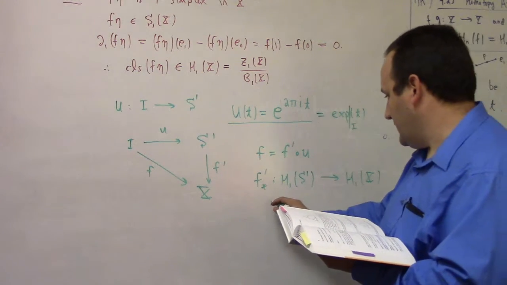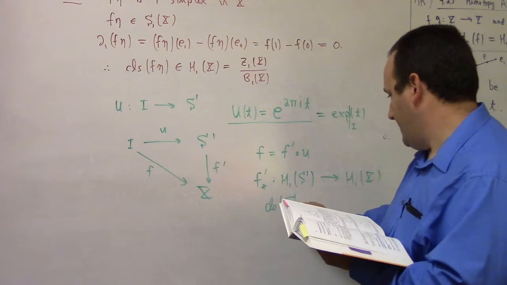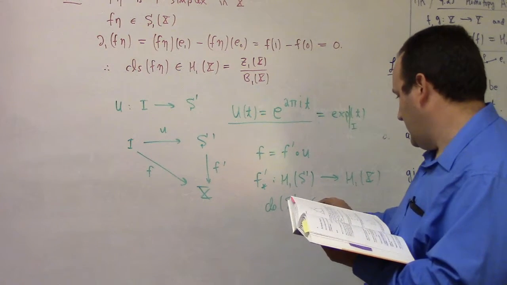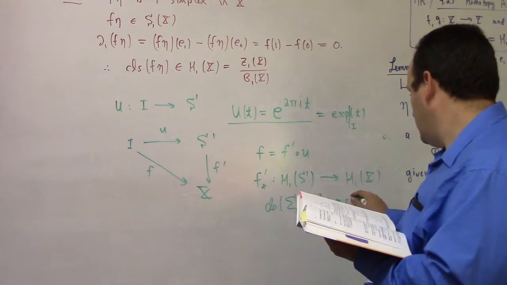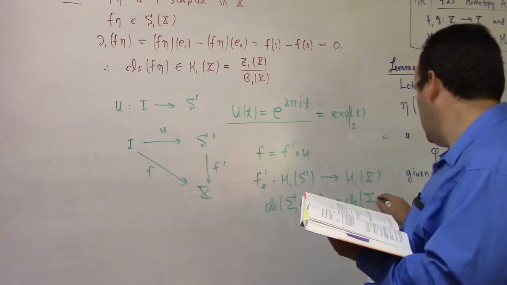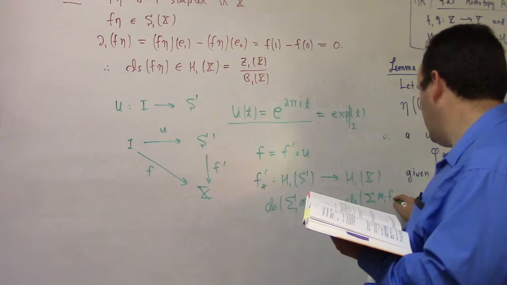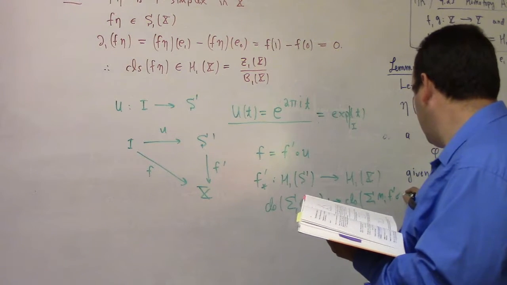In particular, the class of the sum m_i sigma_i maps to the class of the sum m_i f prime composed with sigma_i.